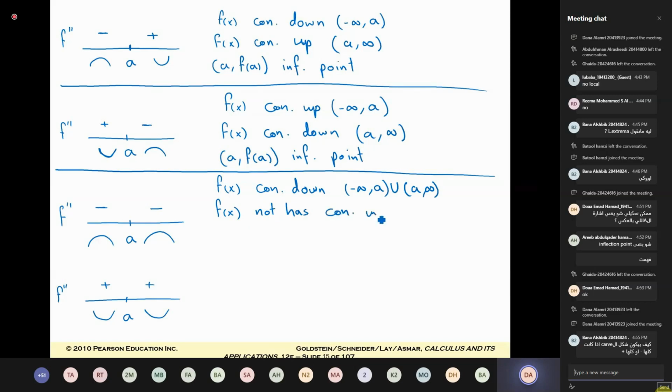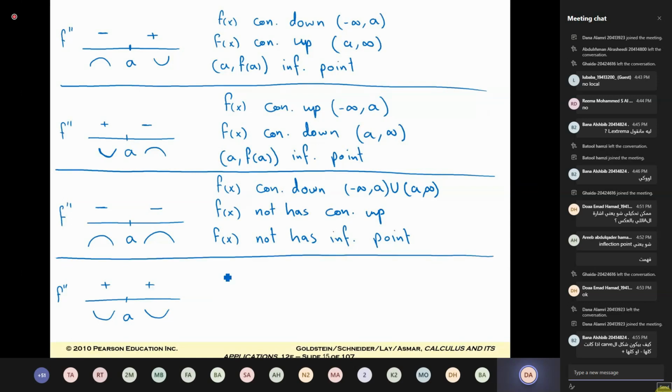Also, f of x does not have an inflection point. Why does it not have an inflection point? Because around A the function does not change, so this is not an inflection. Inflection means it must change from concave up to down, or from down to up.